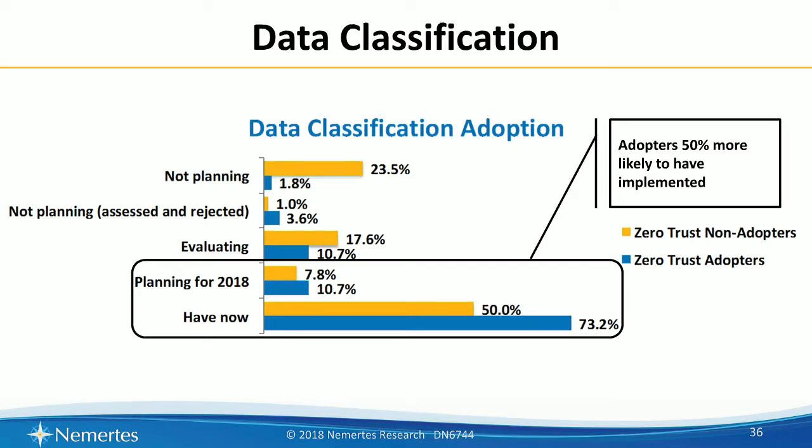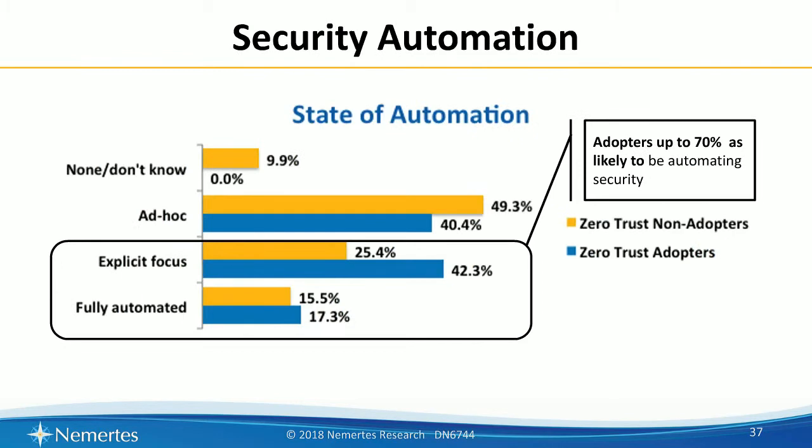So data classification, a key discipline in information stewardship, a key enabler of zero trust. We see that folks adopting zero trust, the blue bars, are 50% more likely to have already got data classification systems in place than the folks who have not adopted zero trust, as you'd expect, because it's a key discipline in the zero trust space.